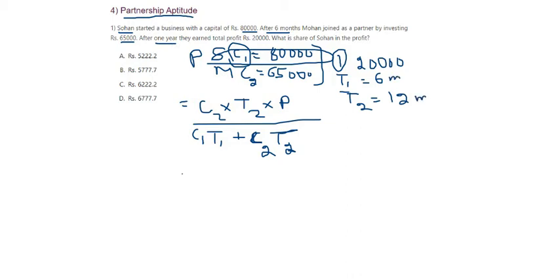P is the profit, which is 20,000. When you put all of the calculations together, you should approximately get option B, which is 5777.2, when you substitute this.